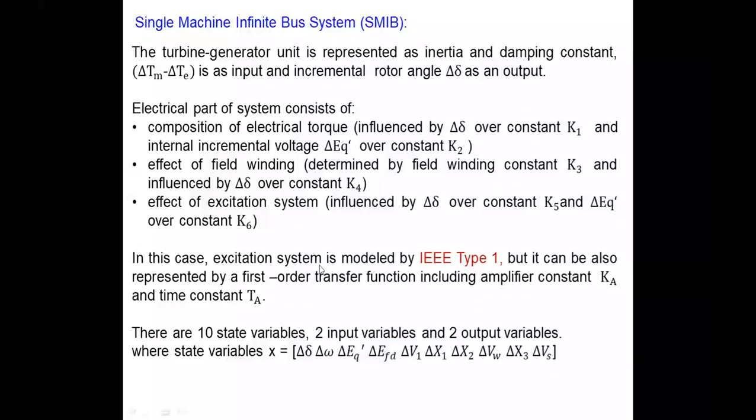You can see that these are the state variables through which we have modeled the SMIB, and there are two input variables and two output variables. So you can say del omega and del delta could be your output variables that you can define here.